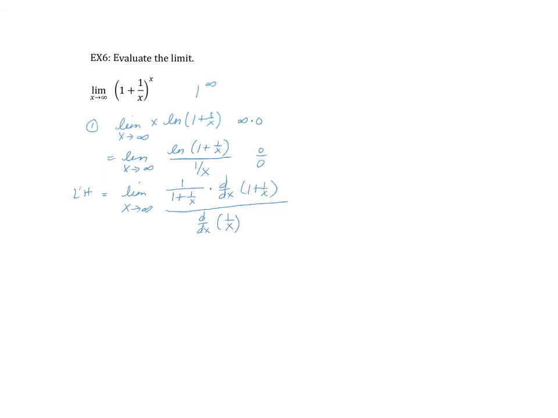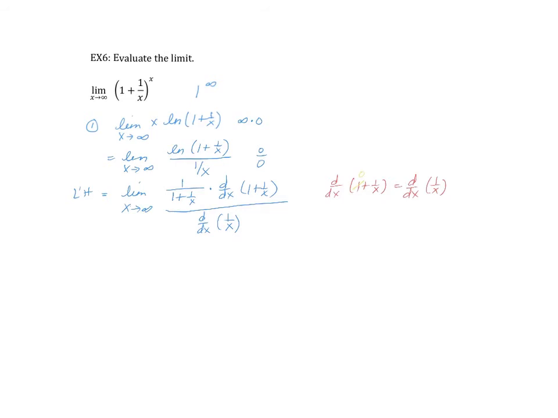And there's a reason why I'm doing this. What I want you to note is that the derivative of 1 plus 1 over x is actually equal to the derivative of 1 over x. Because remember, when we take the derivative of the constant 1, it's just 0.